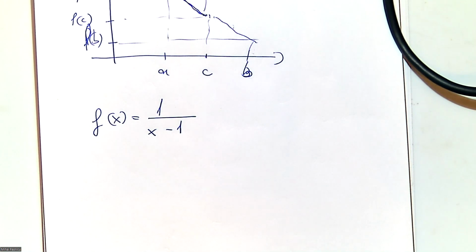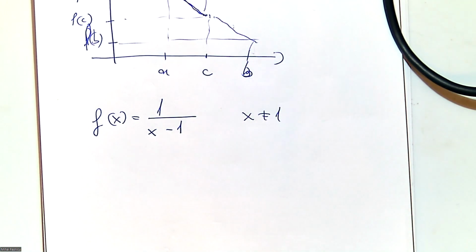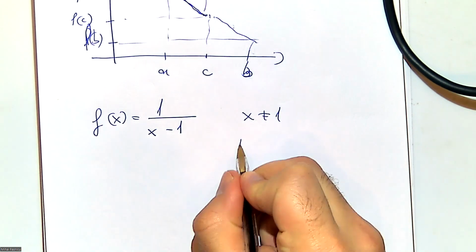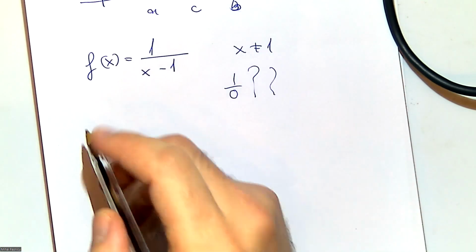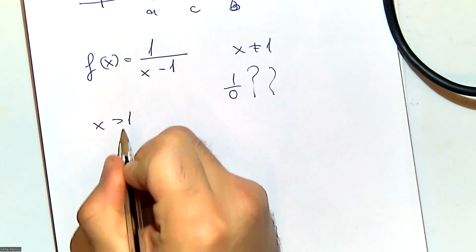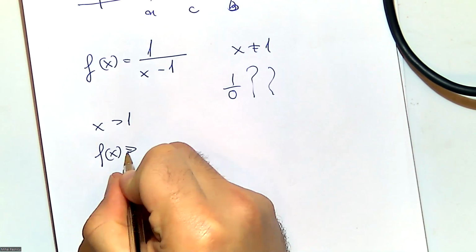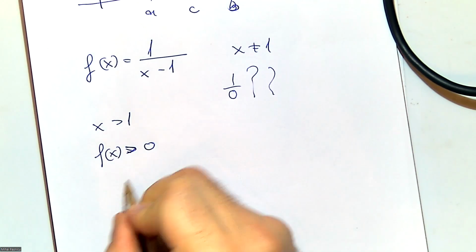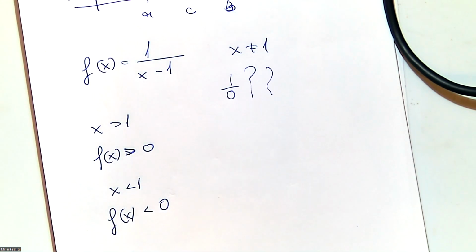Well, the elephant in the room is the fact that x can't be 1. If it was 1 over 0, it does not exist. Furthermore, we have that if x is greater than 1, f of x is greater than 0. If x is smaller than 1, f of x is smaller than 0.